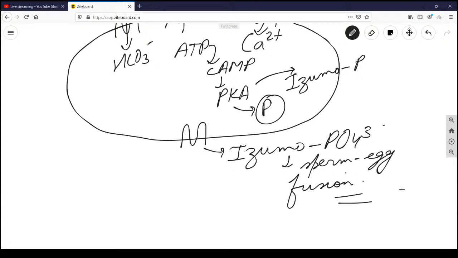That is why capacitation is so very important when we talk about the specificities of sperm-egg interaction. Now we have reached, from where we were, we had completed oogenesis. Now we have completed spermatogenesis also, spermiogenesis also, spermatid to spermatozoon.